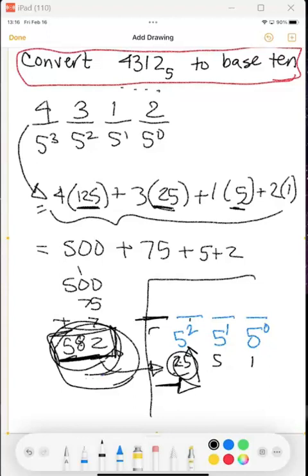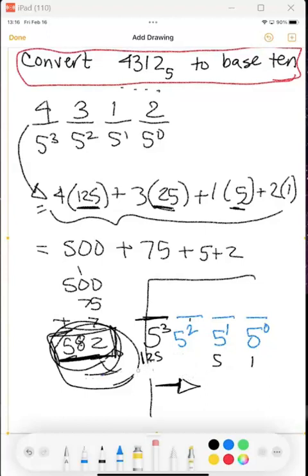So I said, oh, I need another slot. You can start and adjust as you go. Then 5 to the third power is 125. This is getting messy.